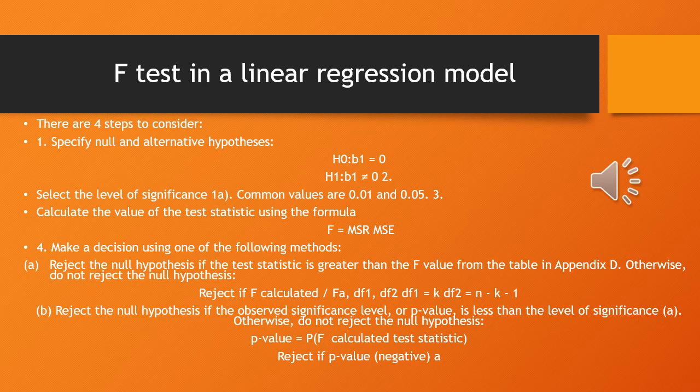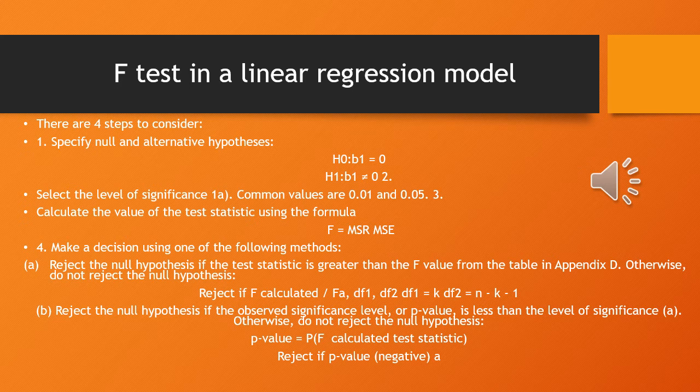Then we must make a decision using one of the following methods, such as rejecting the null hypothesis if the test statistic is greater than the F value from the table in Appendix D. Otherwise, do not reject the null hypothesis.